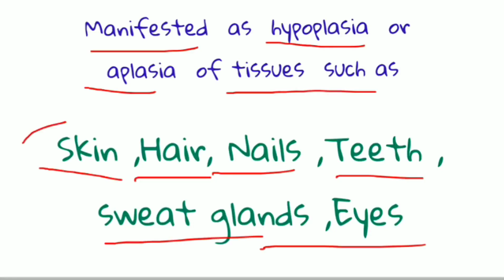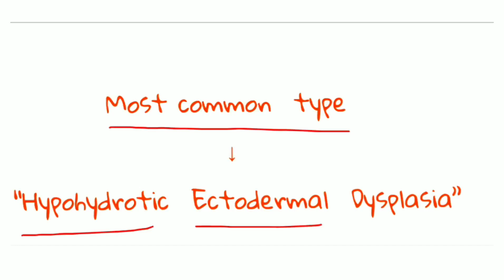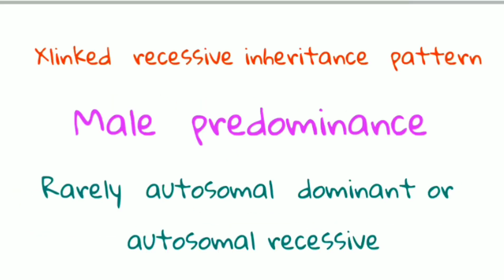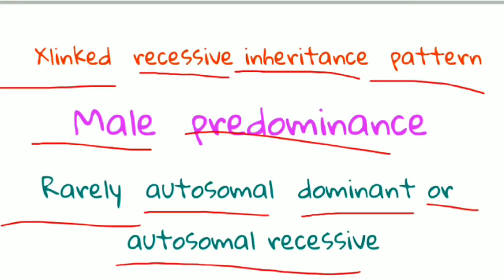So it involves these structures. The most common type is hypohidrotic ectodermal dysplasia, which is an X-linked recessive inherited condition where male predominance is usually seen, and rarely it is autosomal dominant or autosomal recessive.